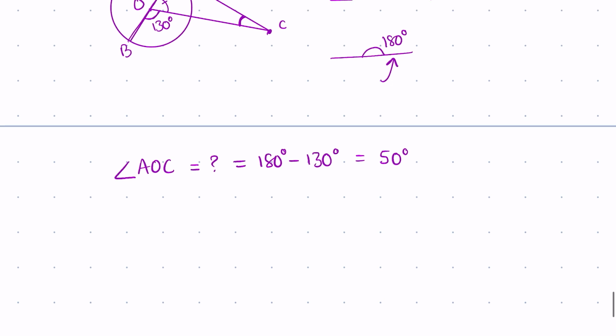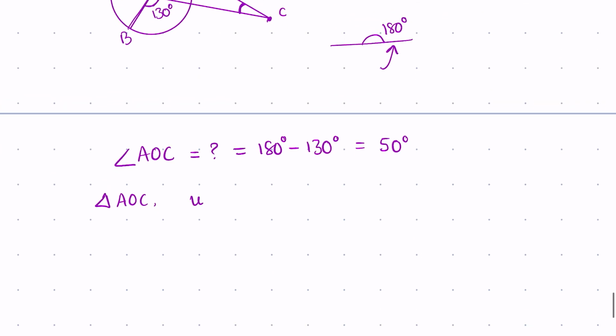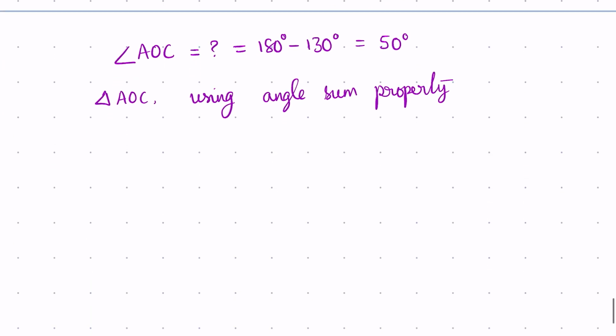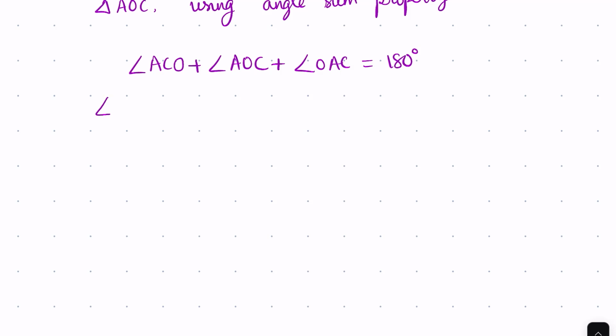Now in triangle AOC, using the angle sum property, what do we get? Angle ACO plus angle AOC plus angle OAC is equal to 180 degrees. That's just the angle sum property of a triangle. So angle ACO plus, what is angle AOC?